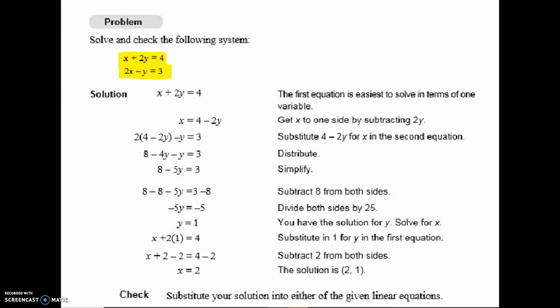You just have to decide what would work best for you there. Now, the book's solution shows that they are going to take that first equation and just subtract the 2y over so that we now have solved that equation for x.